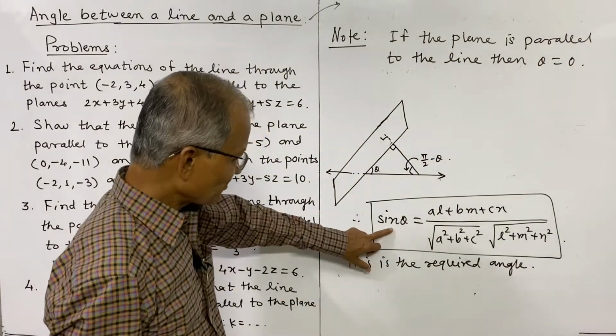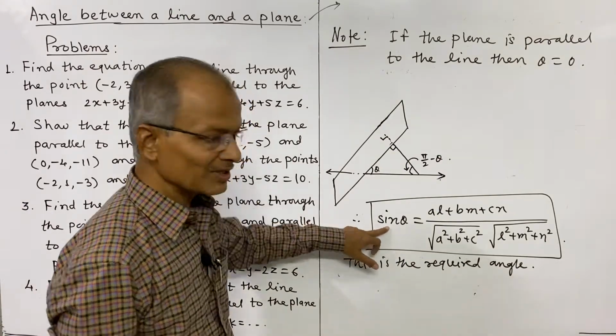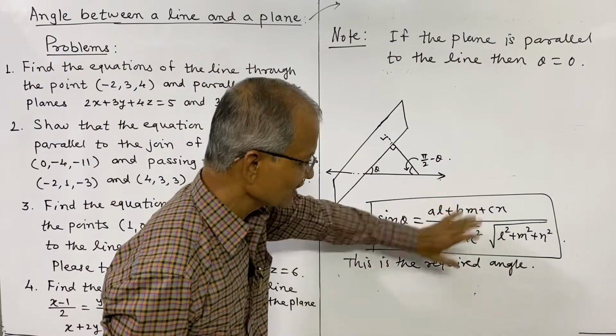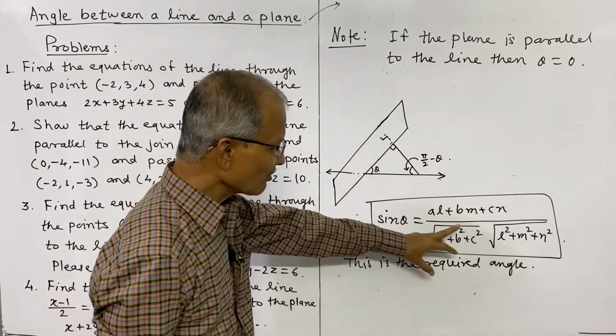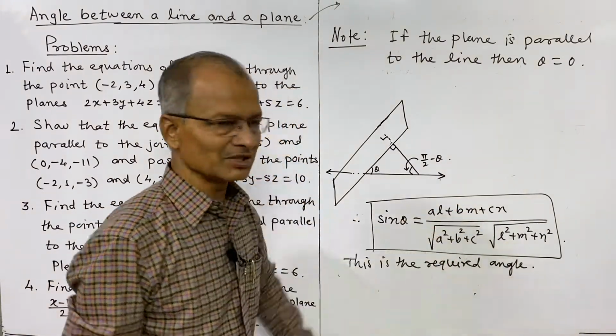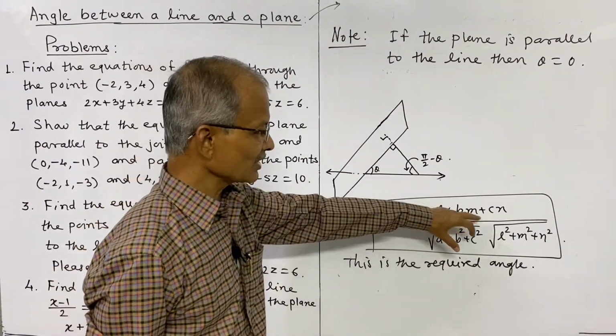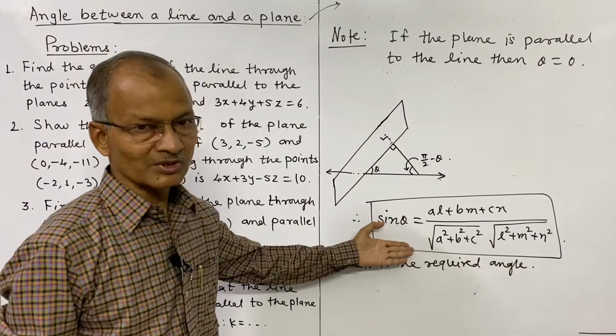And see from this formula, if theta is 0, what will happen? Sine 0 is 0, and therefore 0 is equal to this expression. If 0 is equal to a fraction, the numerator will be 0, since the denominator can't be 0. So A into L plus B into M plus C into N must be 0.